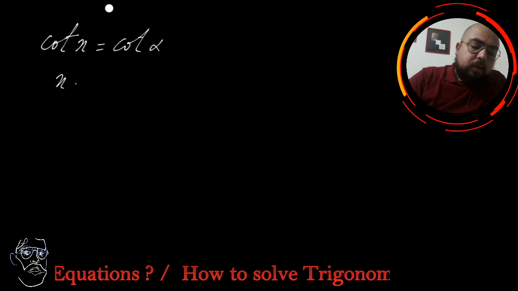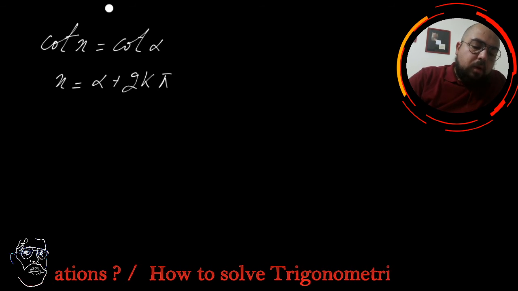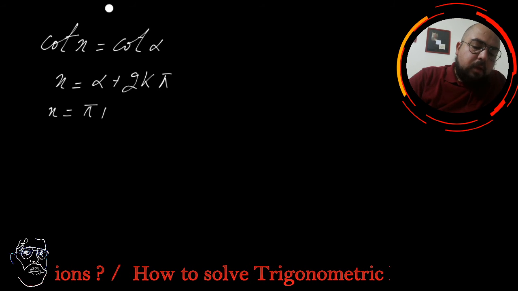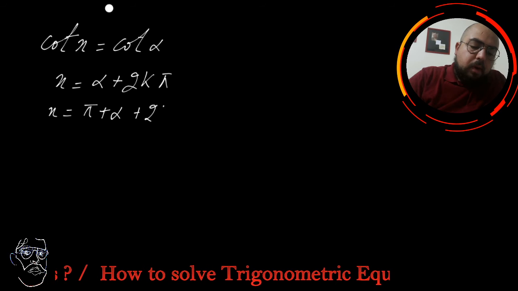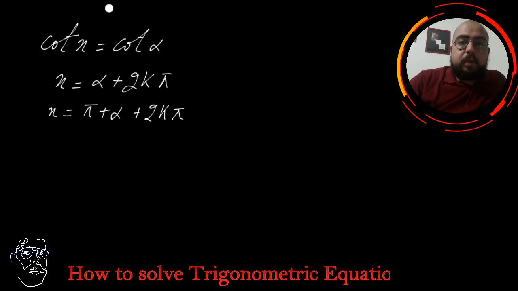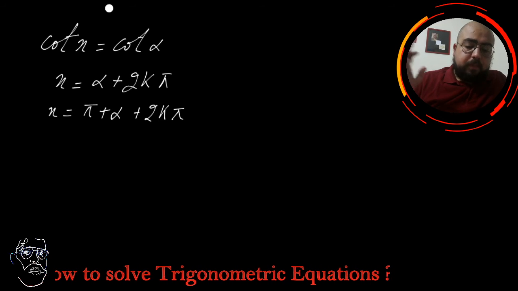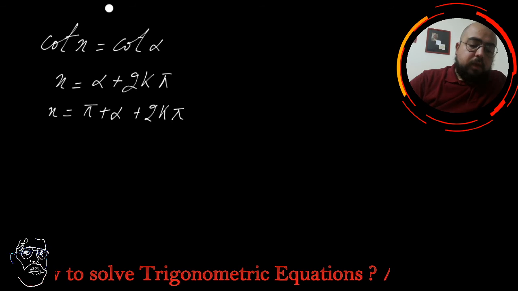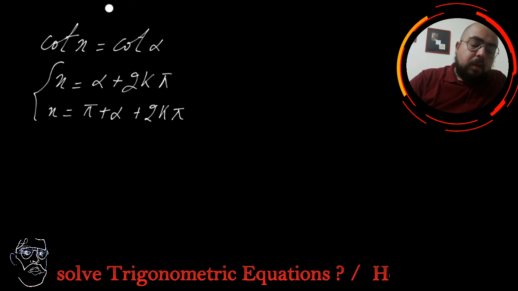Once again, x is equal to alpha plus 2k pi, or x is equal to pi plus alpha plus 2k pi. As you can see, alpha is in the first quadrant, pi plus alpha is in the third quadrant. Cotangent in the first and third is positive. That's why you will have these two solutions.